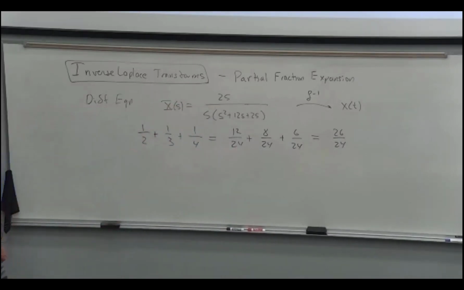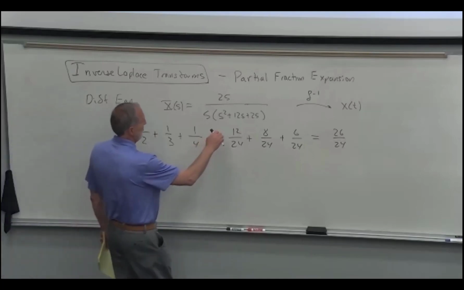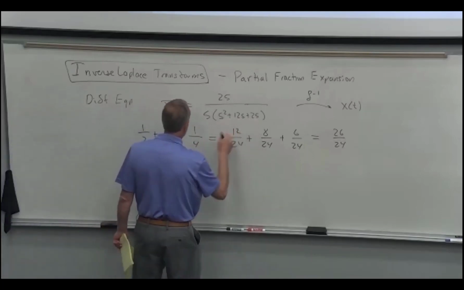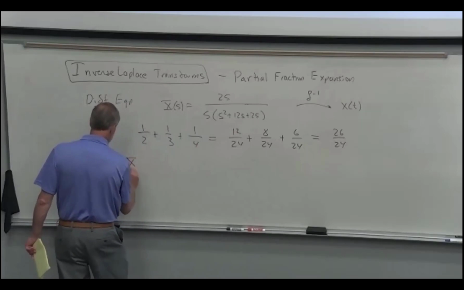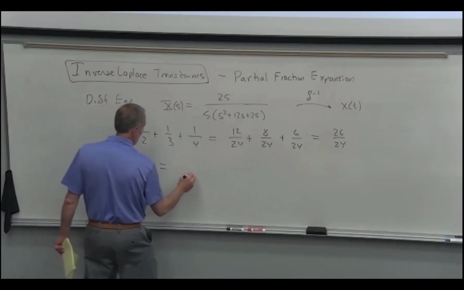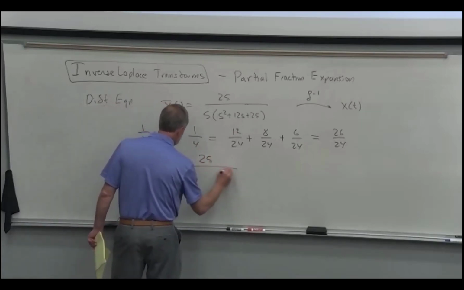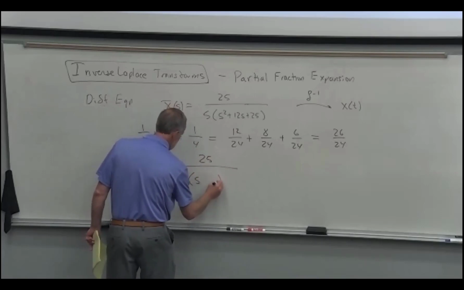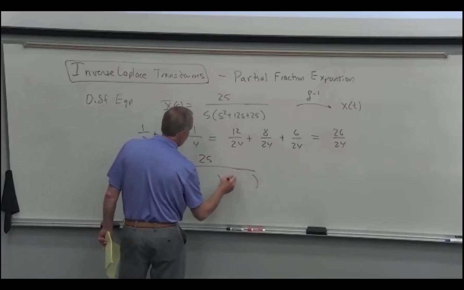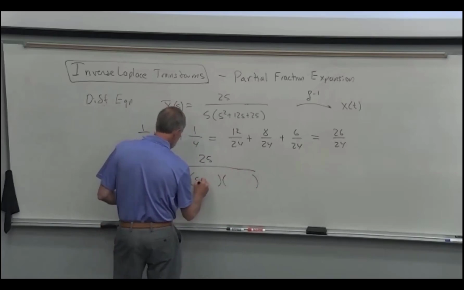the denominator. So we're going to use the quadratic formula to find the roots of this thing, so that we can write this. In other words, we're just going to factor that, and it turns out they're negative.